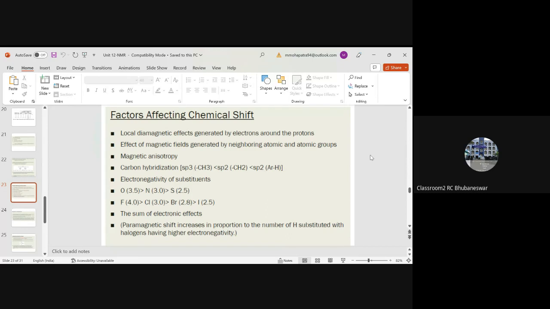Accordingly, you will get the peaks and you can predict which functional groups the molecule has.